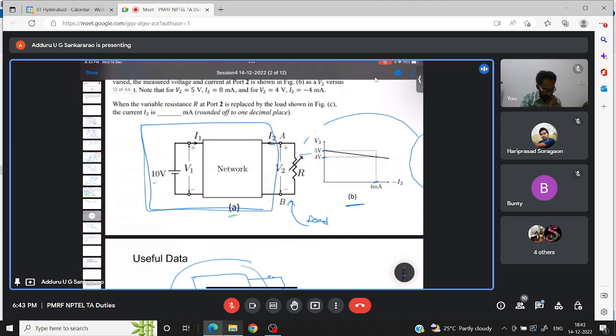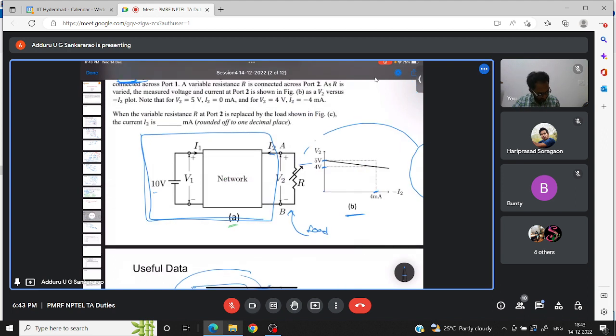Now, let us say this is the load, and this entire thing I will call the complex network. Looking from the load side, we want to find out VTH, RTH, or ISC.